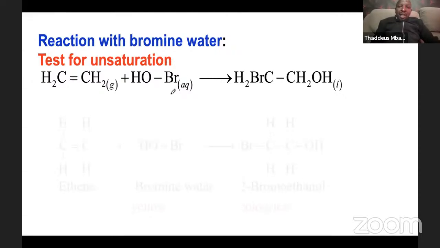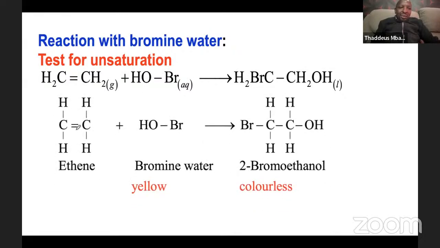So when you are adding it, it is neutral, so it has OH and it has Br. The double bond changes to a single bond. One carbon gets OH and the other gets Br. So this one becomes 2-bromoethanol. This one should be a small b, not a capital B.